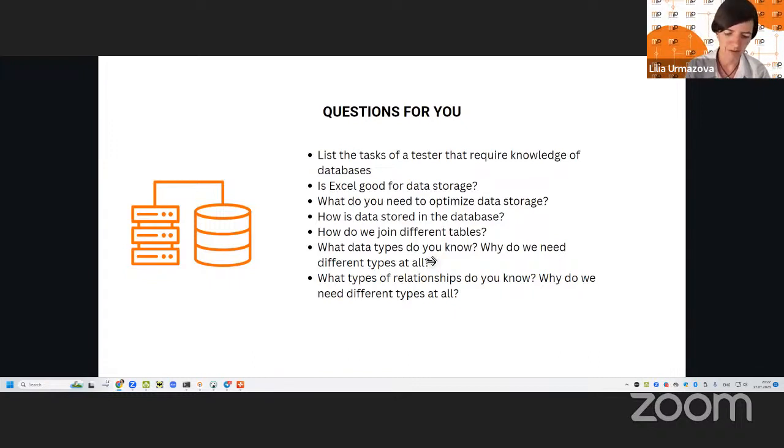So, for example, the information about the last name of students is in different places, and we should change this information in different places. And imagine the situation when we have a student, a girl, who got married during her studying, and she changed her last name.